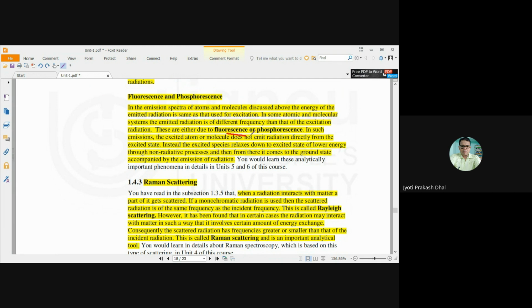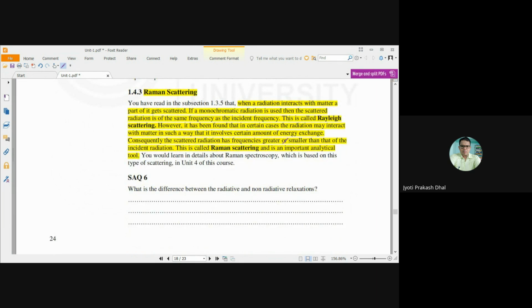These are due to fluorescence or phosphorescence. That means if the frequency of the emitted radiation is different from that of the exciting radiation, it gives rise to fluorescence and phosphorescence.